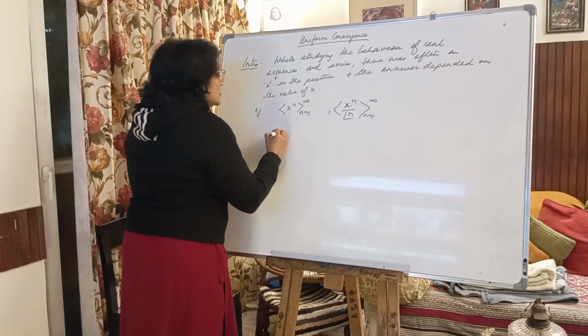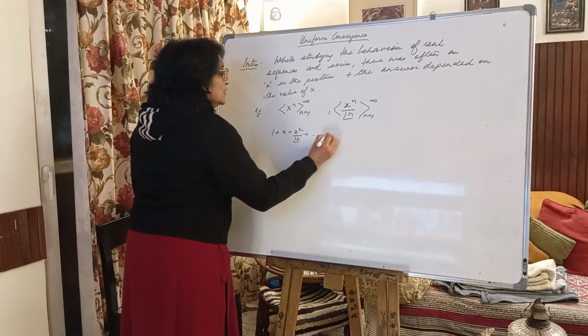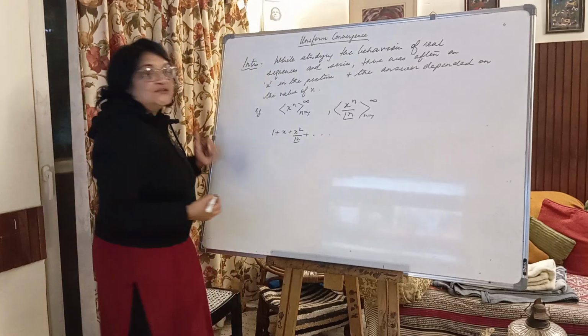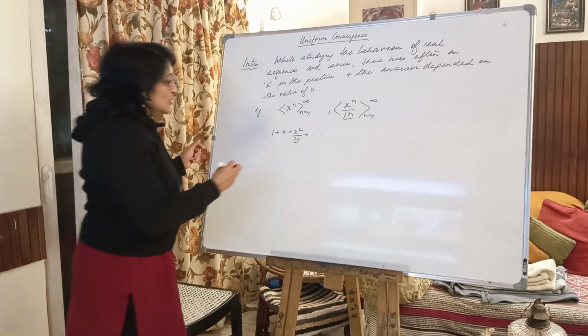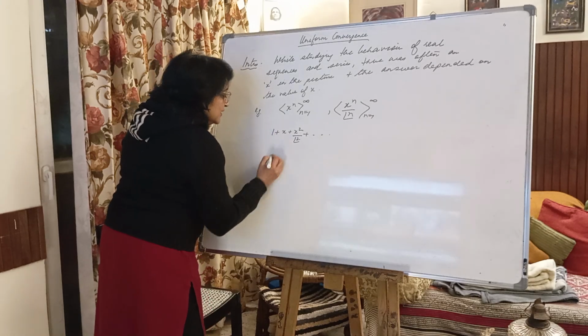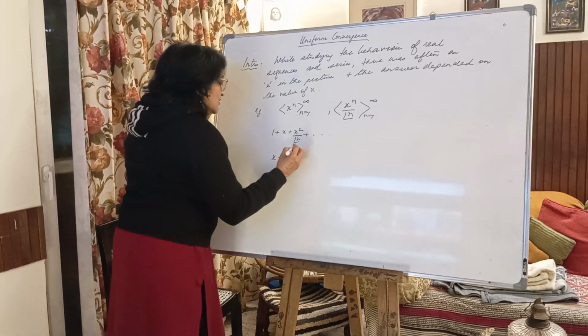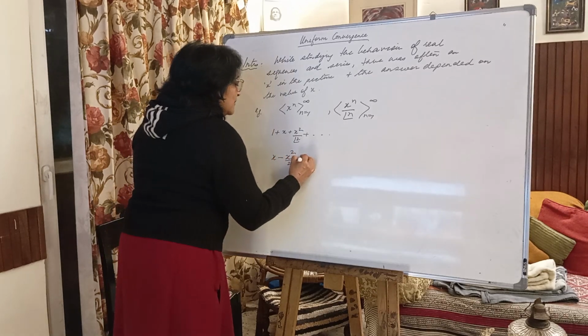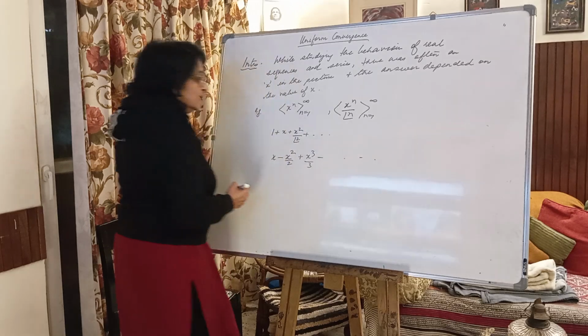We also had series of this kind, 1 plus x plus x squared by factorial 2, and so on, which converges to the exponential of x for all values of x. But you also had other series, sigma x^n. We had x minus x squared by 2 plus x cubed by 3 minus and so on.